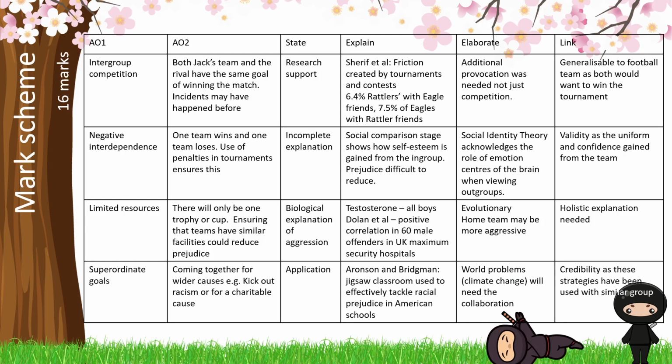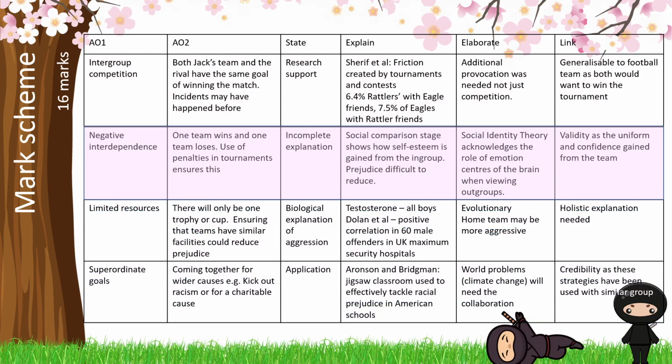Okay, so here's our mark scheme in relation to this question. We've still got all of the same information that we've talked about before, but because this is 16 marks and therefore would appear on paper 3, we want examples both in terms of intergroup competition, but also in that mini conclusion to form our judgment about whether this is or isn't explaining Jack's football team aggression.